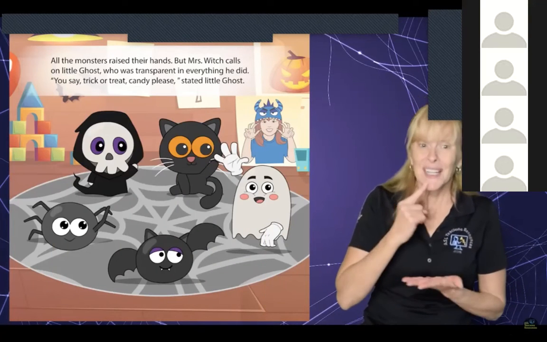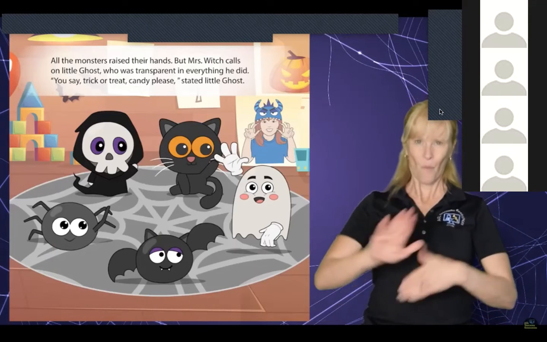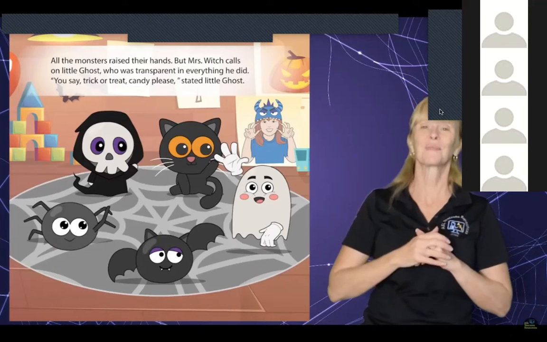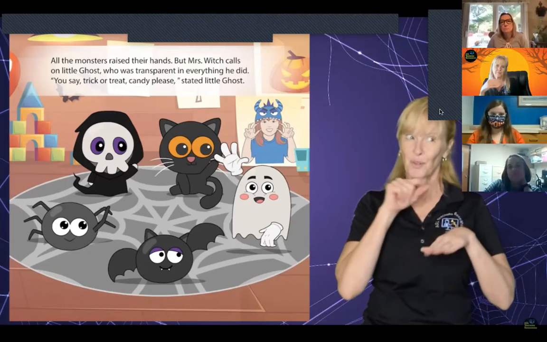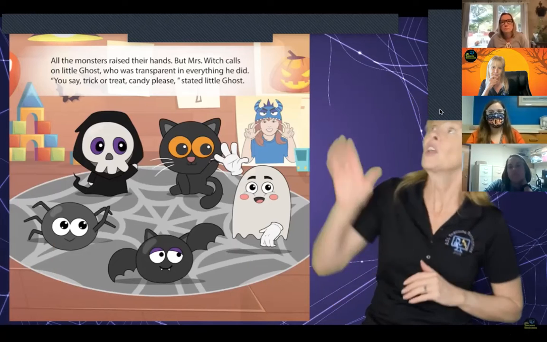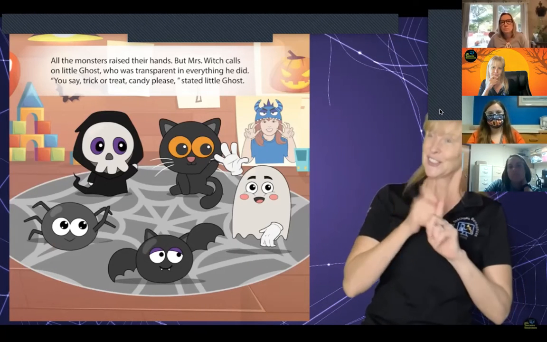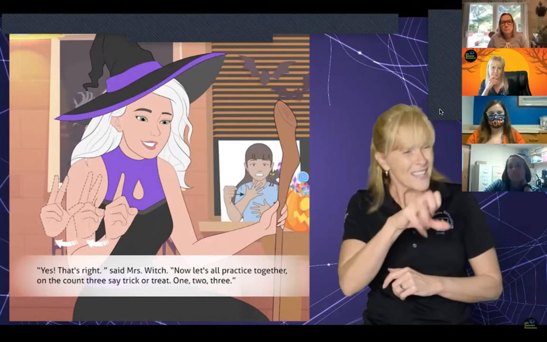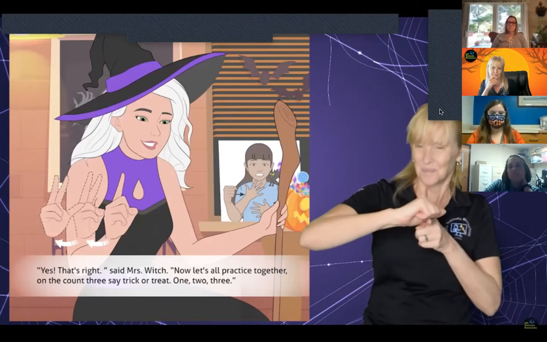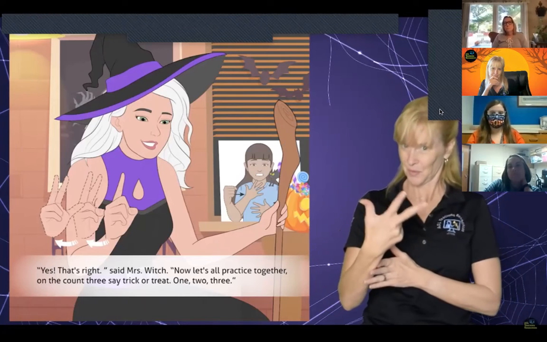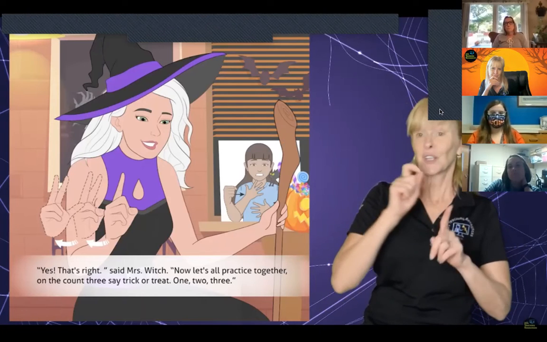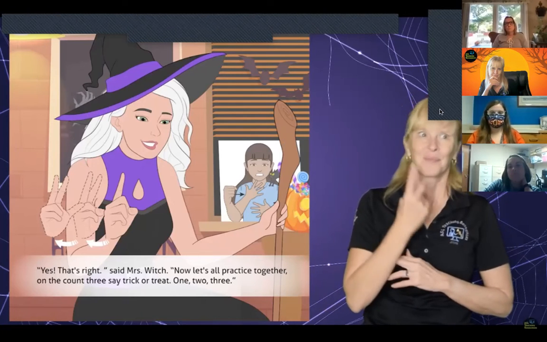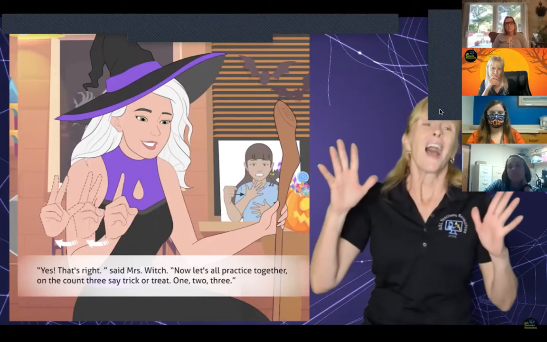Who knows what to say when asking for candy? All the little monsters raised their hands, but Miss Witch calls on Little Ghost, who was transparent in everything he did. Trick or treat, candy please, stated Little Ghost. Yes, that's right, said Miss Witch. Now let's all practice together. On the count of 3, say trick or treat. 1, 2, 3.